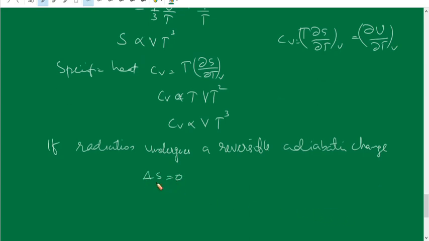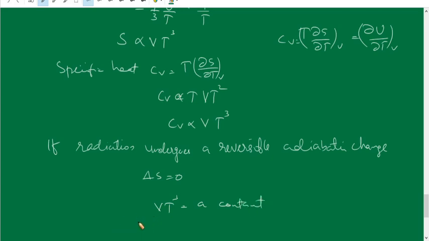That means entropy is constant. Therefore, entropy is proportional to V T cube, so V T cube is constant.